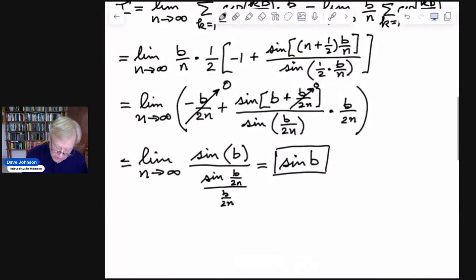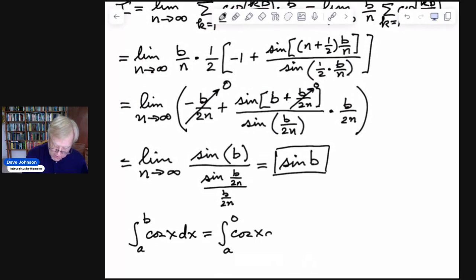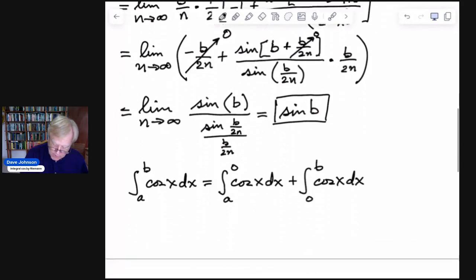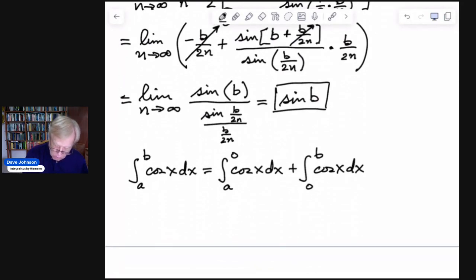So the integral from a to b of, let's say, cosine x dx, that's equal to the integral from a to 0 of cosine x dx plus the integral from 0 to b of cosine x dx. And what we have found is this integral here. This is sine of b.